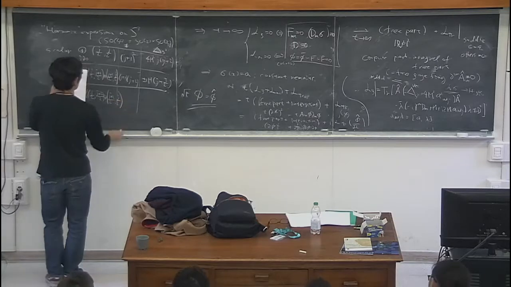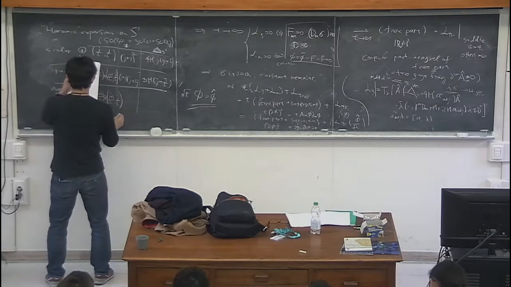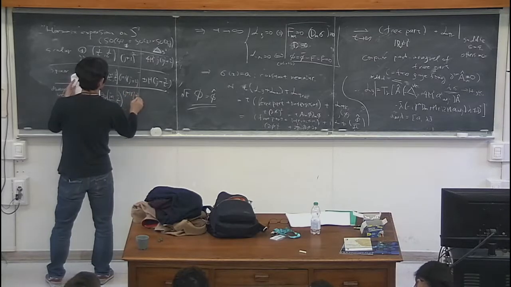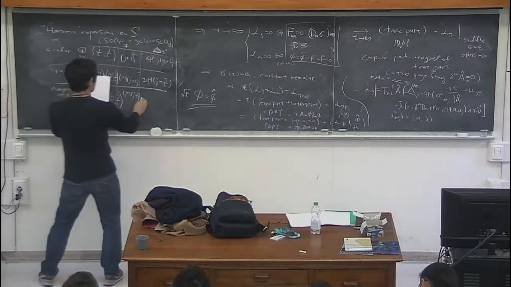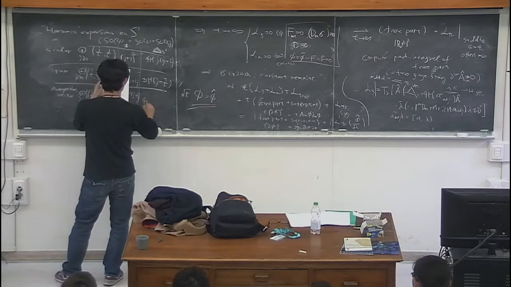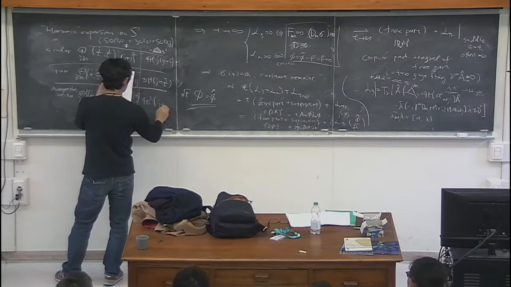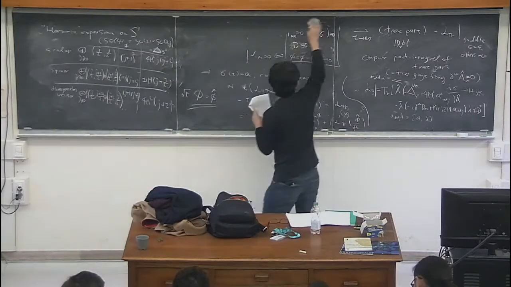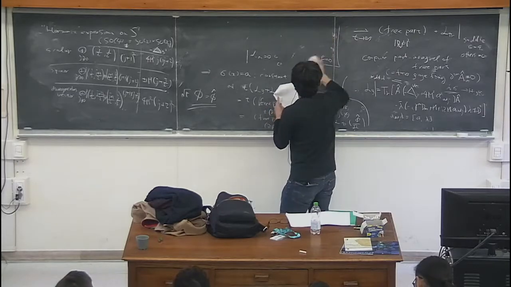And the multiplicity is J plus 1 times J plus 3 from this, and the eigenvalue of the Laplacian is J plus 2 squared. So this is a known result. We can see that in the formula.